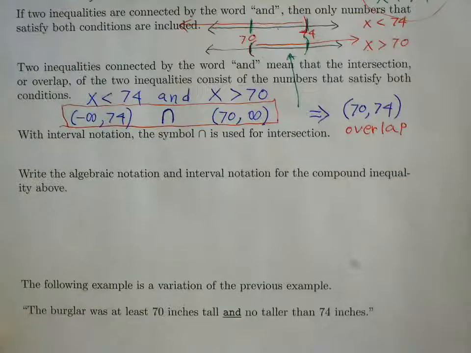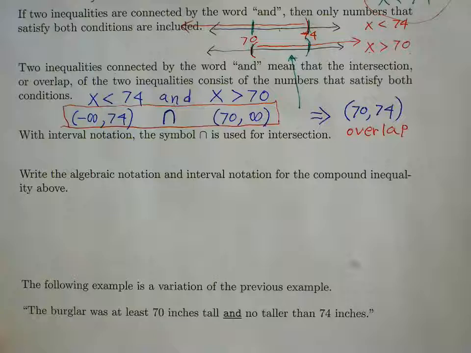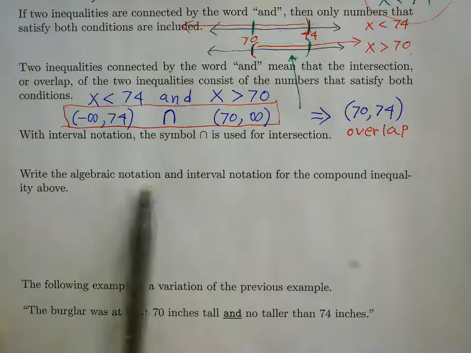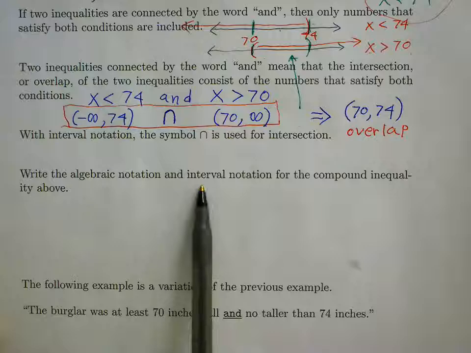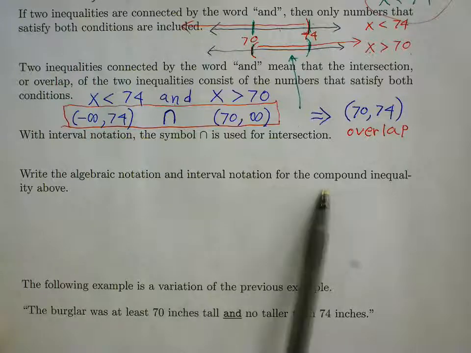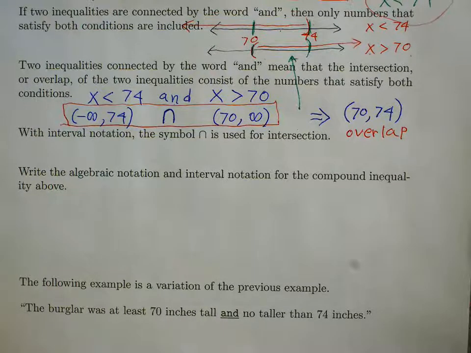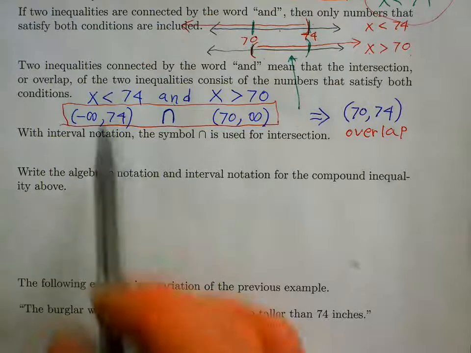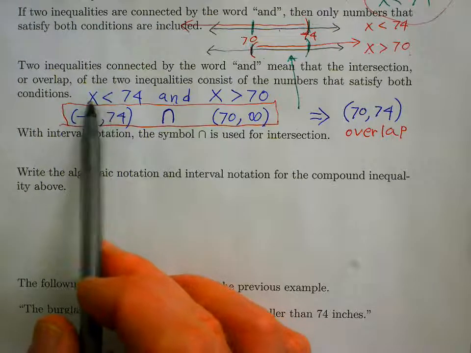Okay, well, we already did it, but we'll do it again, just for practice. Write the algebraic notation and interval notation for the compound inequality above. Okay, so I'll rewrite this.